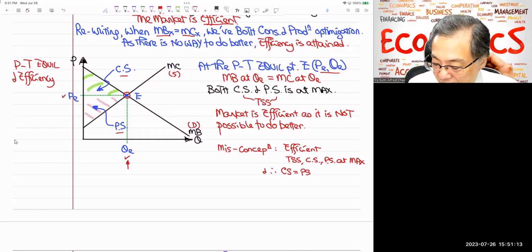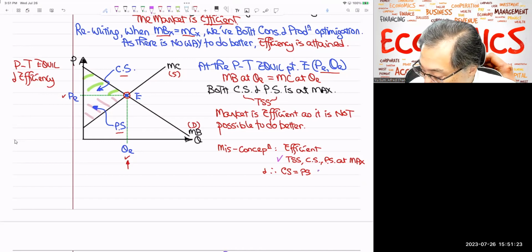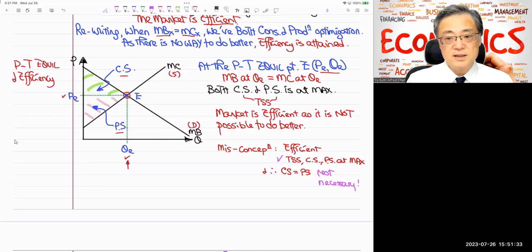Now, be very careful. When the market is efficient, this first statement is 100% correct. But this one, be very careful, just as I've said, is not necessary. CS is the max, PS is the max, but we never say that they are the same.